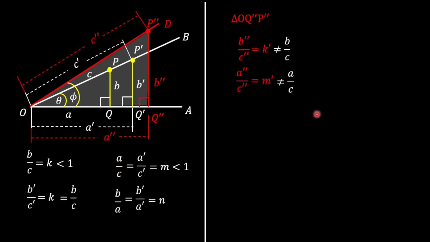And similarly, if I construct the ratio of the perpendicular to the base of this double prime triangle, I get a number n prime, different from number n. So that means this ratio, that is B double prime divided by A double prime, is not equal to B by A, or not equal to this one equation.